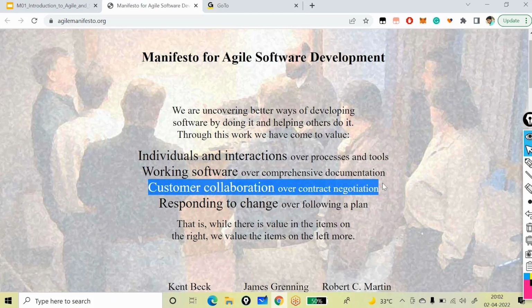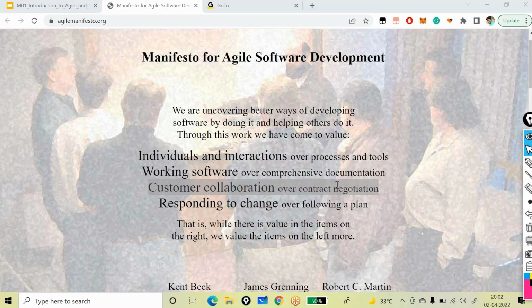You should continuously collaborate with your customer, getting their feedback and trying to implement the changes so that they feel very secure, very trustworthy, and very happy. So customer delight or customer satisfaction is very important over here rather than contract negotiation. Customer collaboration is a very key aspect which is very important apart from contract negotiation.